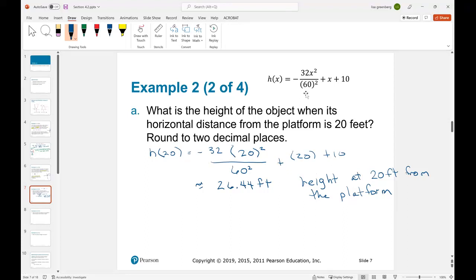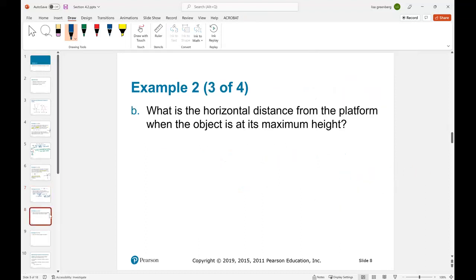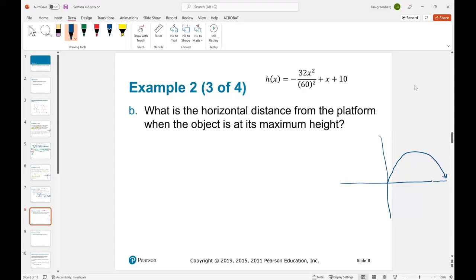Okay, and then let's grab the same equation and copy it again and paste it over. So now it says, what is the horizontal distance from the platform when the object is at its maximum height? Well, I don't know, right? But if I look at a graph, so far we know we have a platform. We shoot off an object. It takes this parabolic shape.